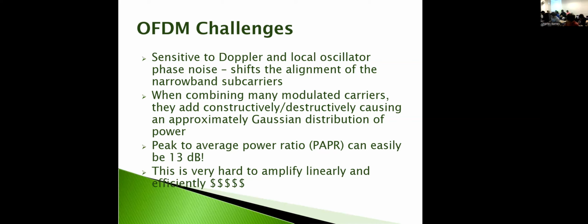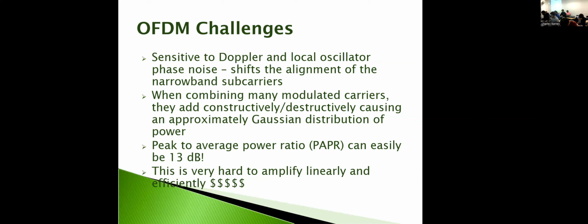When combining many modulated carriers, there's 1,000, 2,000, maybe 4,000 subcarriers combining into this composite signal through this IFFT process. Each one is modulated with different data, and some are modulated at 64 QAM, and some at BPSK or QPSK.